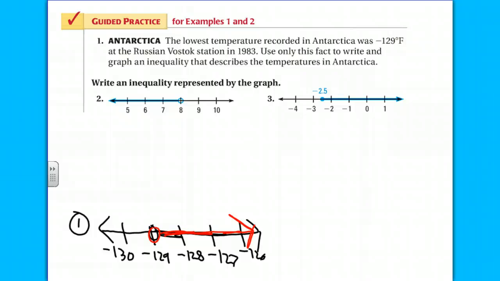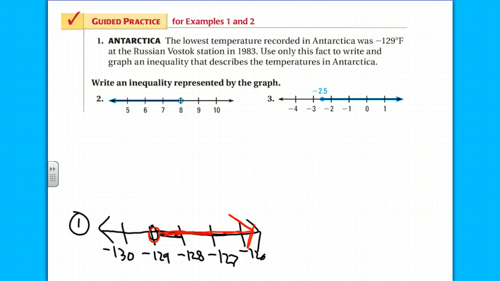Yeah, they are. So this is a good number line because as you go to the right, negative 128 is greater than negative 129. And the facts state that the lowest temperature recorded was negative 129. So he starts there, and then he's showing you greater than that, right? Does that make sense?